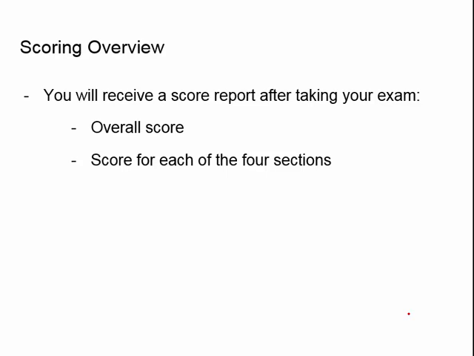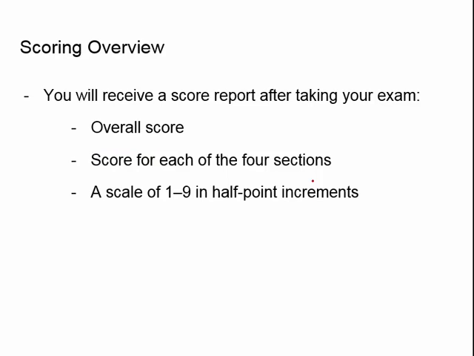Your overall score is just your average score from the scores you receive in listening, reading, writing, speaking. I'm going to describe that a little more in detail later in this lesson. For now, just know that you'll receive all of those types of scores after you take the exam.